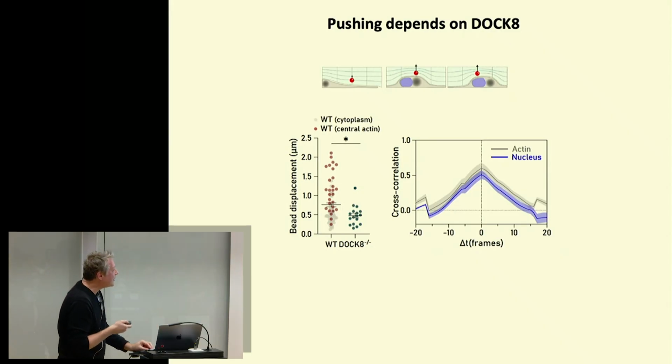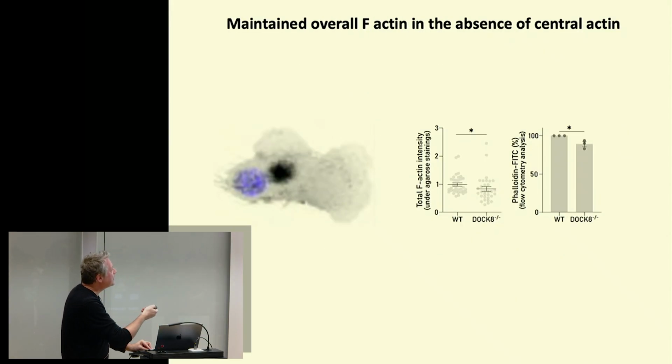And we can also look at it in these channels here. When we look at the DOCK8, it also accumulates here in the narrow part of the channel, so it almost looks like the actin in the narrow part of the channel. So when we knock out DOCK8, that was a lucky thing.